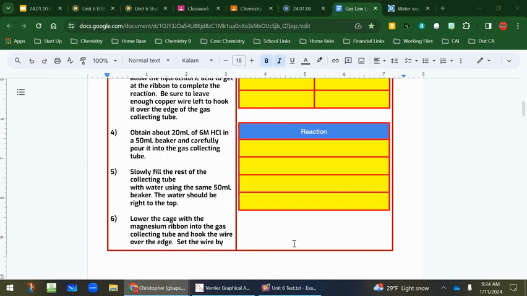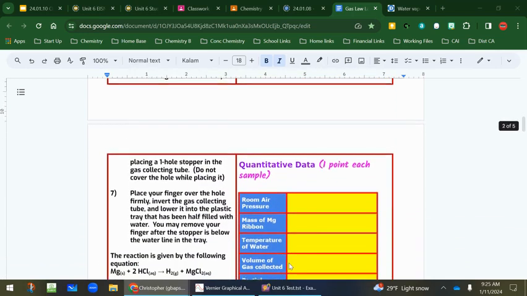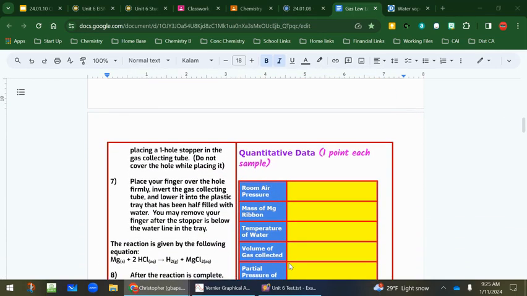Then you're going to lower the cage of the magnesium ribbon into the gas collecting tube and you're going to hook the wire over the edge. Set the wire by placing a one-hole stopper on the gas collecting tube. This is a one-hole stopper because it has one hole in it, which is good because then what can come out of the tube?